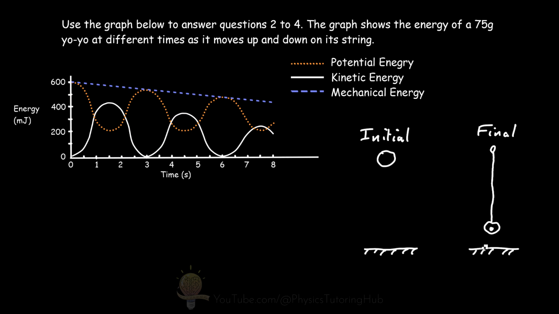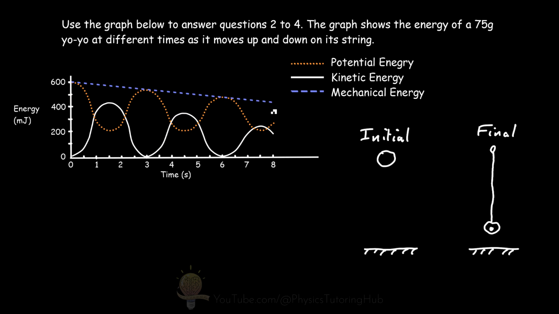So it's very important to be able to visualize this system here and imagine how the yo-yo is moving throughout these 8 seconds here. And we're measuring 3 things. We're measuring the yo-yo's kinetic energy throughout time, its gravitational potential energy throughout time, and its mechanical energy.